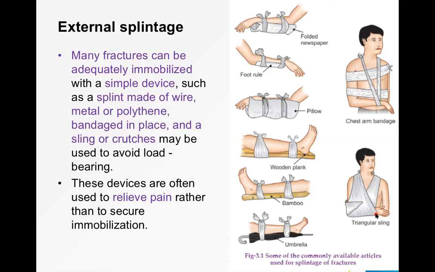And another one, to secure the immobilization, because if the patient continues to move the fracture site, there is a high chance of bleeding, there is a high chance of damage to the blood vessel, nerve, or other important structures. Now see here.